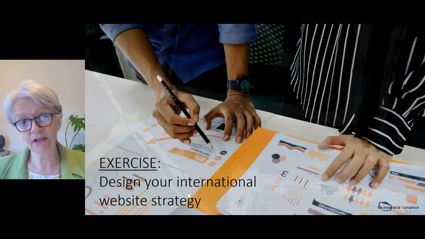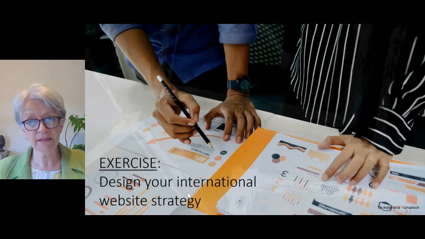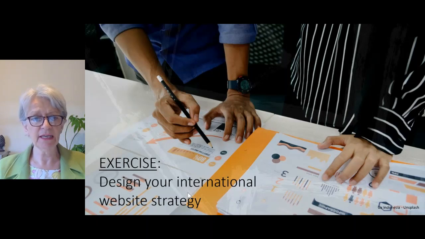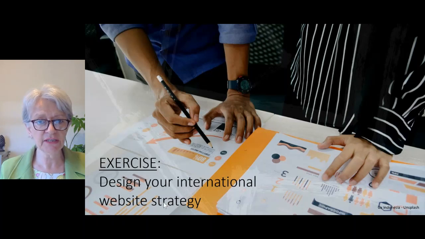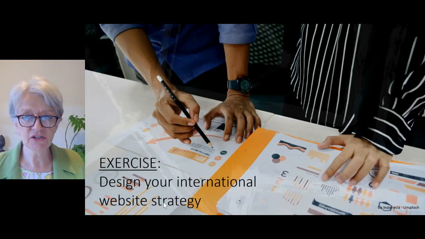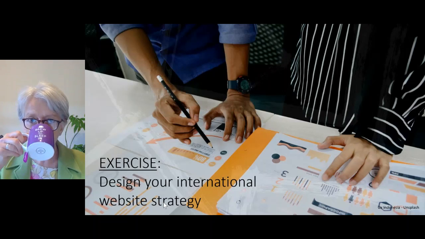Do you want to buy country code domains? You can check those out on 101domains.com in terms of the rules and regulations. So just take a note now on your action sheet. What are the key criteria, and what do you need to be checking, and what do you need to be considering? And I would love to take, whilst you're thinking about that, any questions that you may have in the Q&A box.